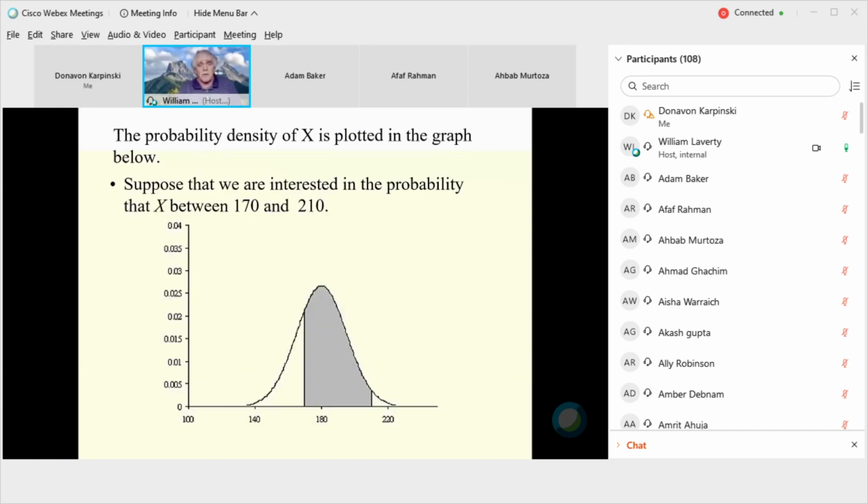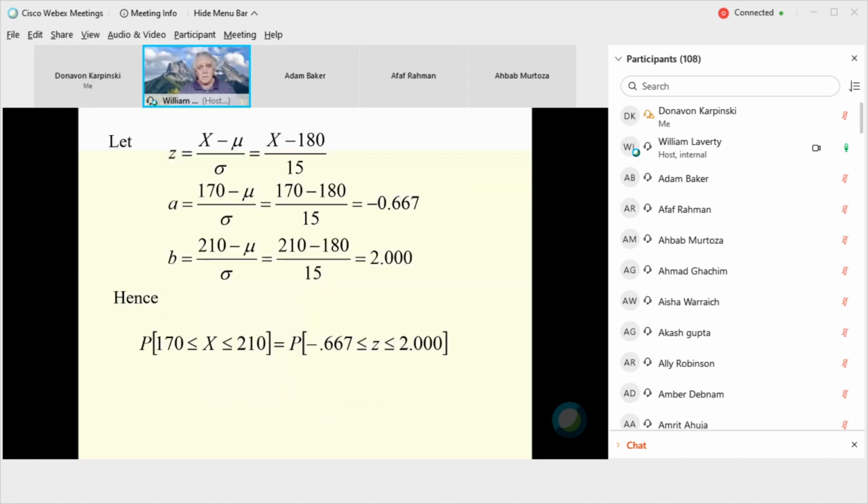Suppose I want to calculate the probability that X is between 170 and 210. So here I've drawn the normal distribution with mean 180, standard deviation 15. Again, the standard deviation is the distance from the mean to the point of inflection. That's the area that I want. So I perform the Z transformation on everything, on X, on A and B, and I convert this to area under the standard normal distribution.